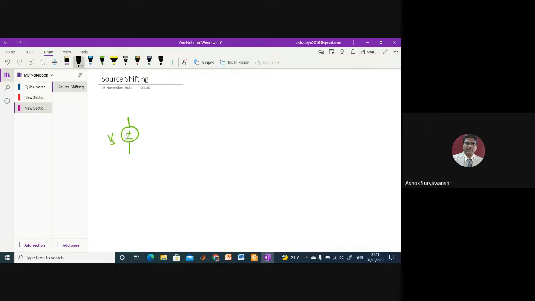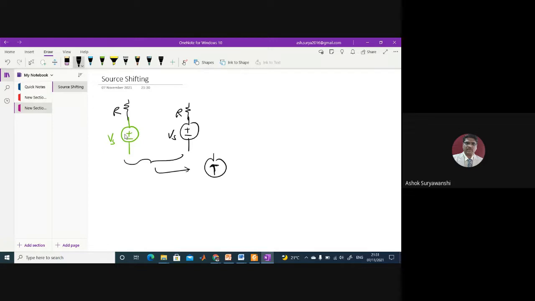For example, here if I draw the voltage source having the series resistance, this series resistance can be external or it can be the internal resistance of that source, right? In our cases, mostly it will be an external resistance, because our sources are ideal. But if there is an external resistance in series with that ideal source, then you can transform it into an equivalent current source.